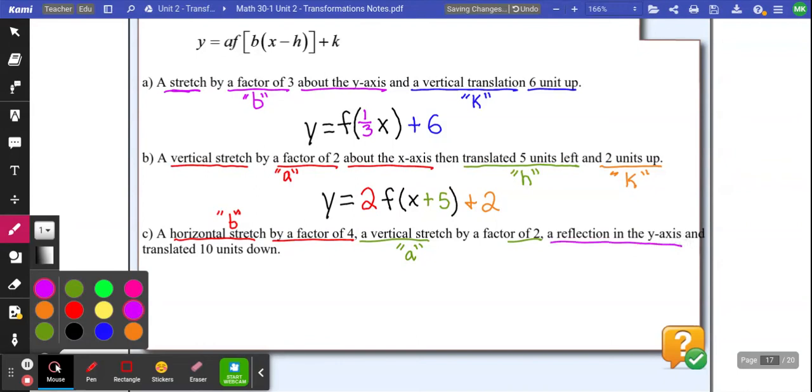The y-axis is like this, and I'm reflecting to the other side of it. That would be my x values changing, so this is talking about my B value. And translated 10 units down. Down is going to be my K value.